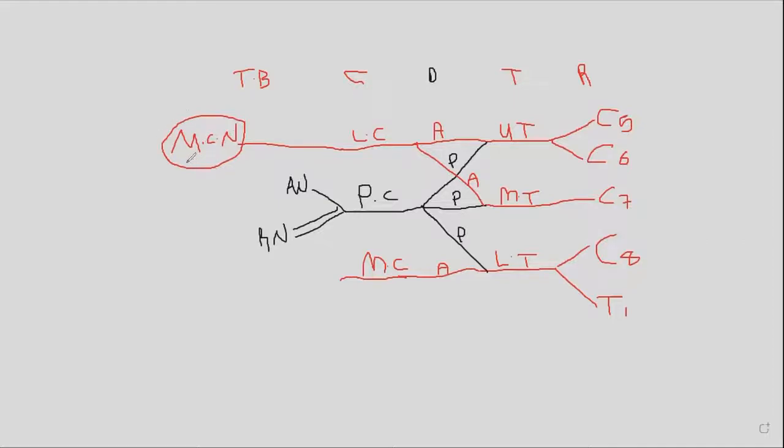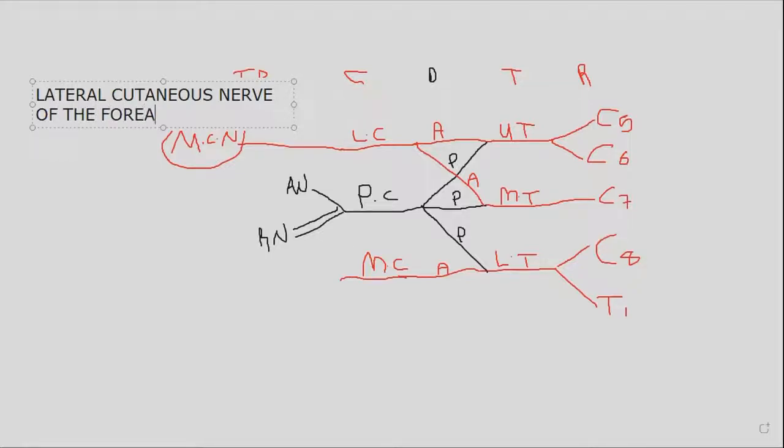Then after innervating the three muscles, this nerve, the musculocutaneous nerve, will continue as the lateral cutaneous nerve of the forearm. So basically, it's going to innervate the skin on the lateral aspect of the forearm.